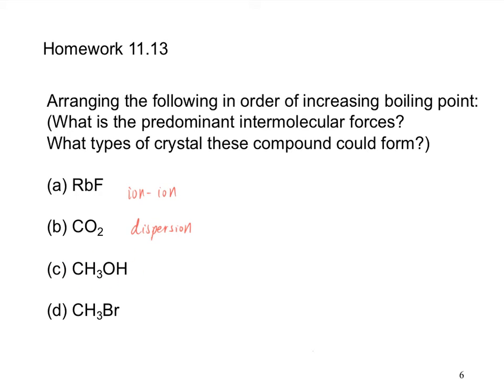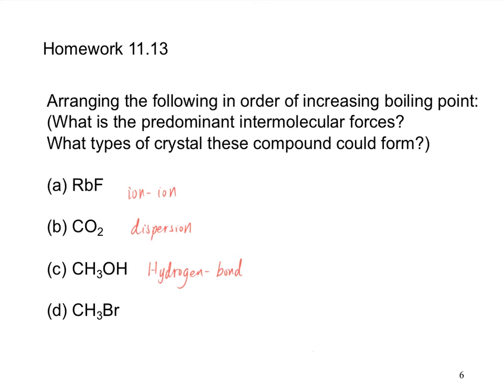And the next one, methanol. We have this OH group. Apparently, it can form the hydrogen bond. So therefore, the predominant intermolecular force here is hydrogen bond. Although we do have dipole-dipole interactions, hydrogen bond is a little bit stronger than the dipole-dipole interactions. So therefore, we list hydrogen bond as the predominant intermolecular force. And the last one, bromomethane.